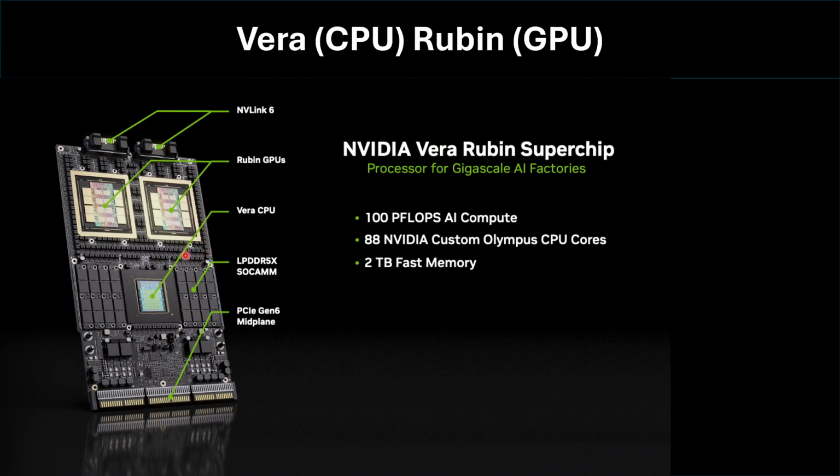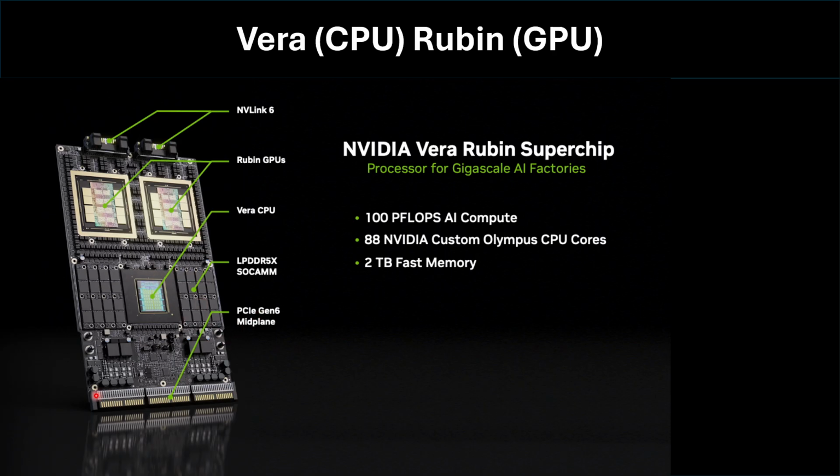And we will see it's supposed to be 288 gigabytes per GPU, so two GPUs means double that. And we can also see LPDDR5X, so probably this is the type of memory, all around this Vera CPU.